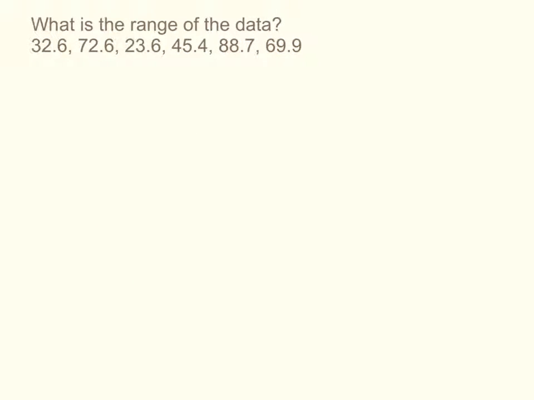Let's try this example. What is the range of the data? 32.6, 72.6, 23.6, 45.4, 88.7, and 69.9. So first let's identify the greatest and the least number. So the least number is 23.6 and the greatest number is 88.7.